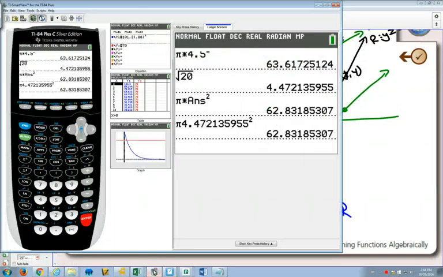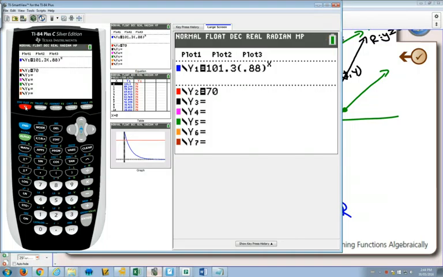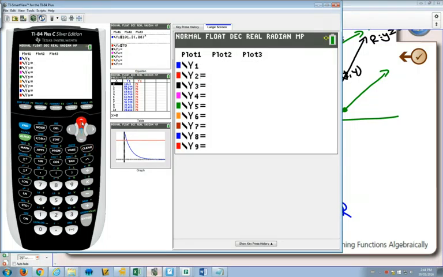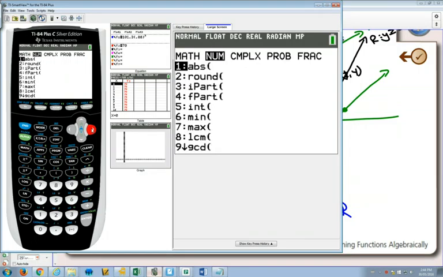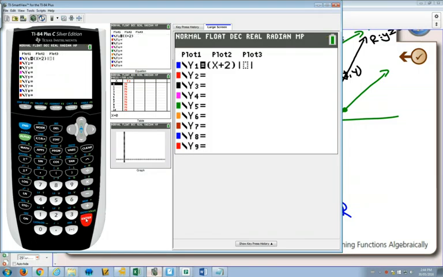But when we want to look at what this graph looks like, if I go x plus 2 multiplied by the absolute value, know where the absolute value is, hit math, go over to number, and the very first one.